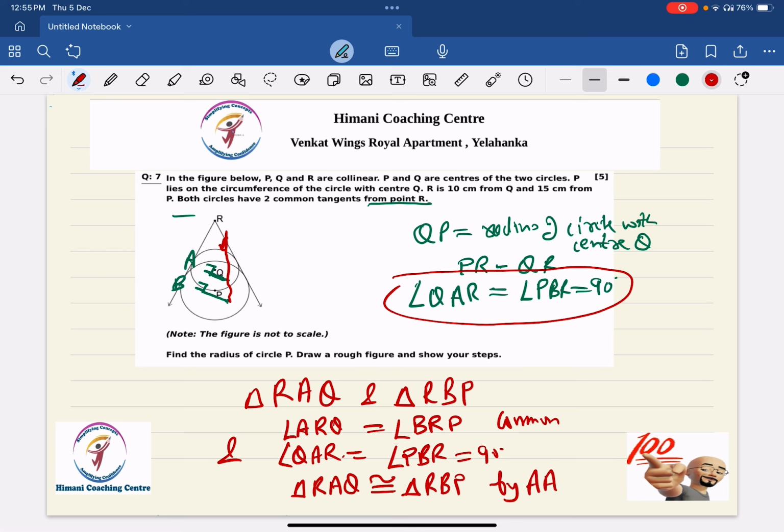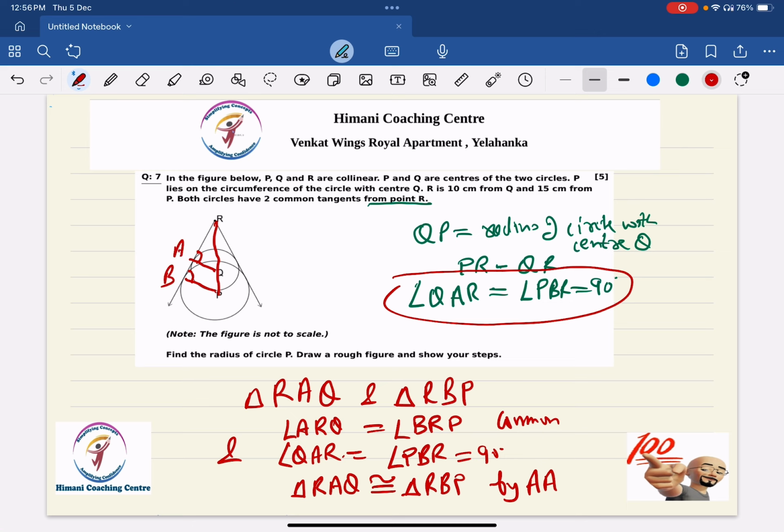And what happens if the triangles are similar? I think I will have to redraw the diagram. Just give me a second. I am redrawing it because it changed the drawing. So this is what we are saying, and I have A here and B here.